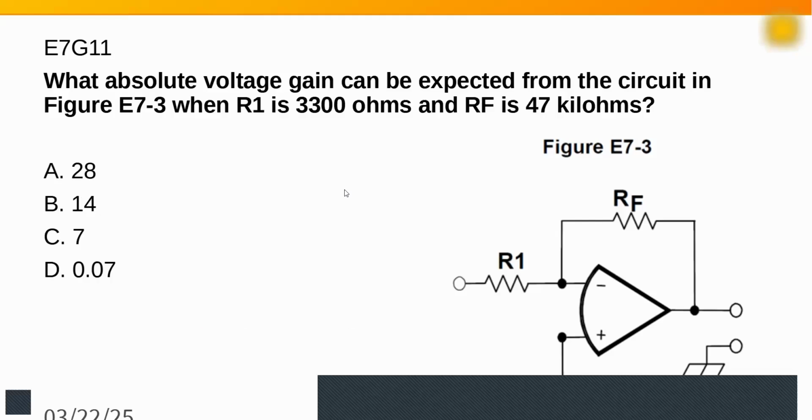Okay, what absolute voltage gain can be expected when I have 3,300 ohms and 47 kilohms? Good chance you get one of these because there's a lot of them. B. Bravo.